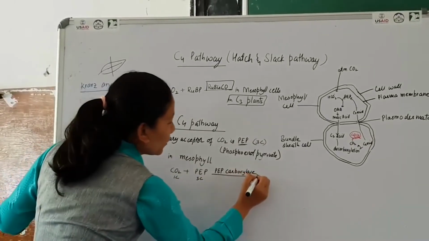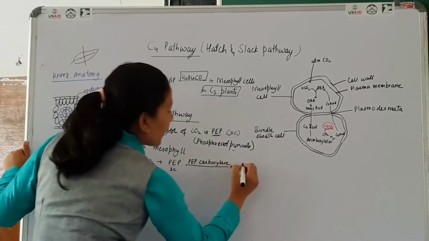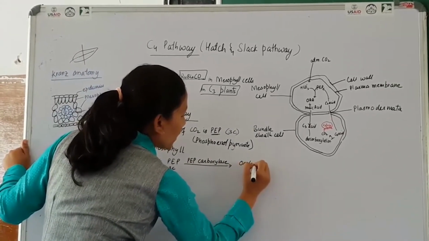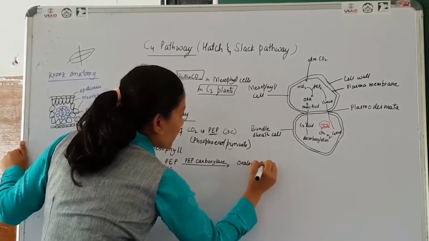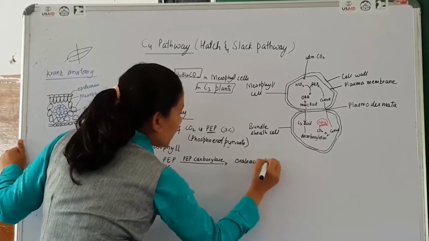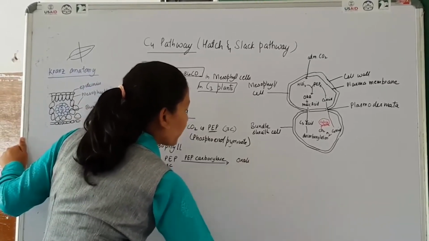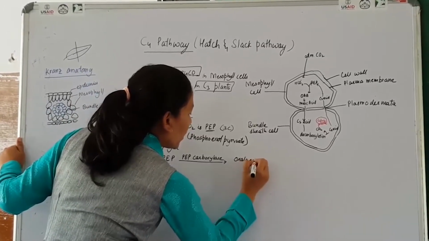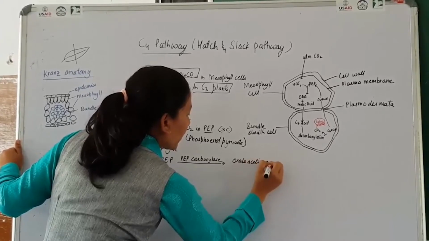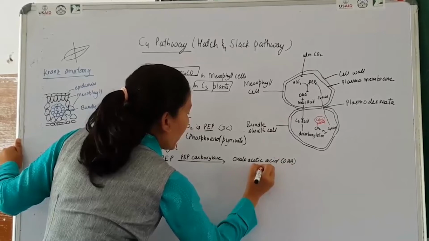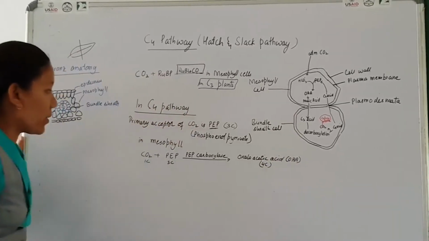It results in the first stable product, that is oxaloacetate. Oxaloacetic acid, abbreviated as OAA, and it is a 4-carbon compound.